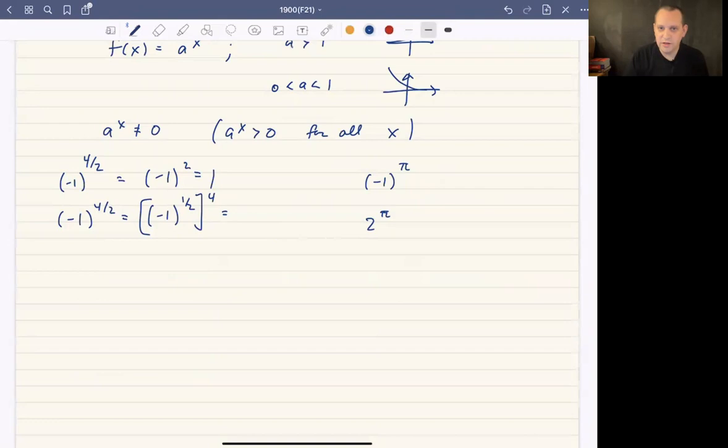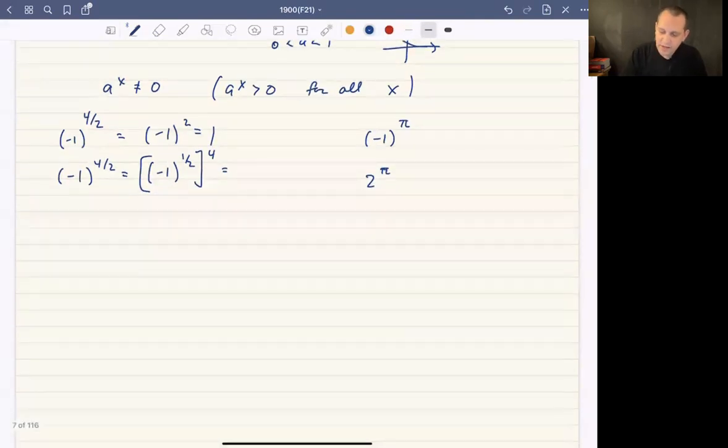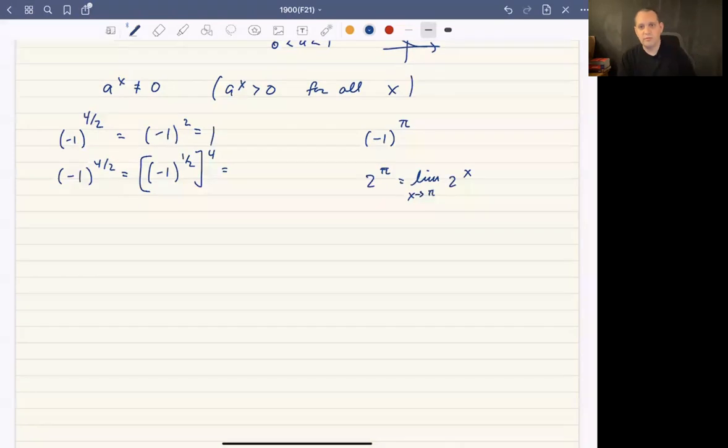But how can you define it? Well, one way that you can define it is by a limit. You could think of 2 to the pi as the limit of 2 to the x as x approaches pi, where you're considering only rational values for x. So you could think about, say, 2 cubed, or 2 to the 3.1, or 2 to the 3.14, and so on.